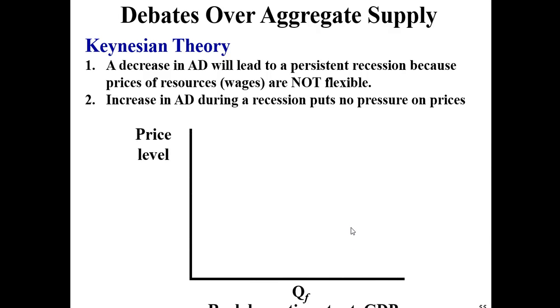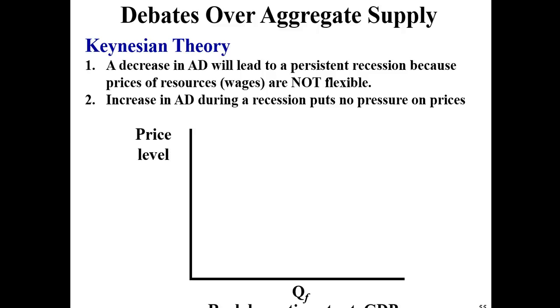Now, Keynesian theory is quite different, and I don't want you to focus on the graphical representation because this isn't what we're covering. I just want you to recognize, though, that the Keynesian theory is very different. Keynes believed that there was going to be a persistent recession if we had a decrease in aggregate demand because the price of resources is not flexible.